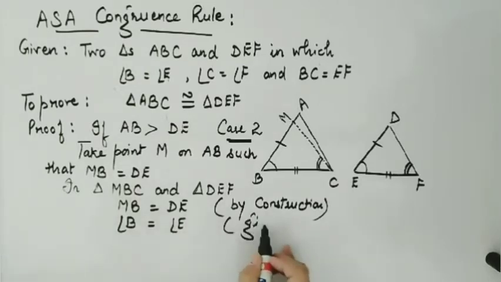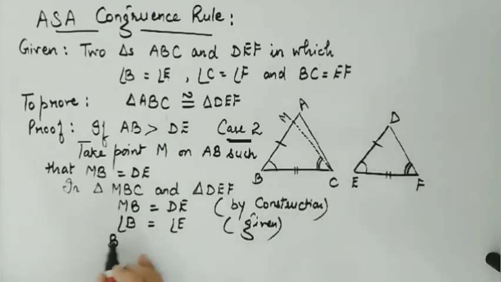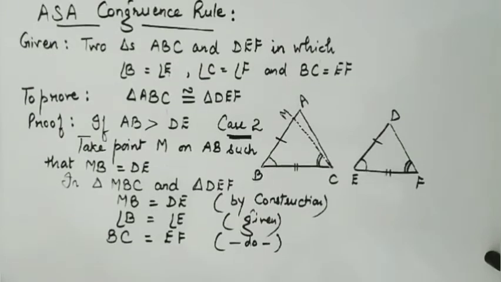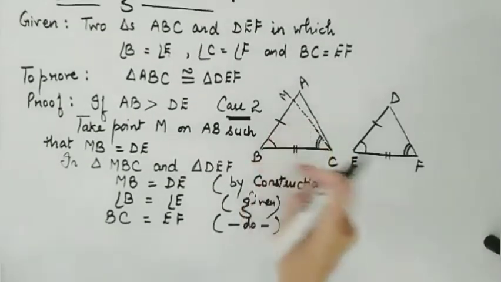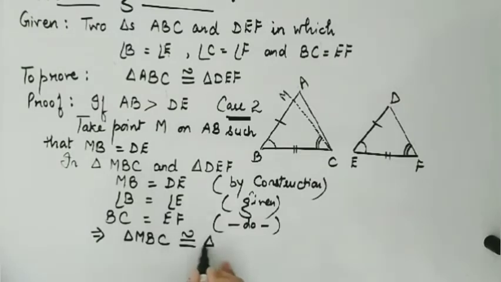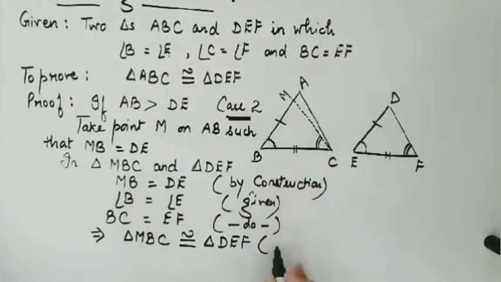This information is given. And finally BC is equal to EF. This information is also given. Therefore, what can we say about the triangles? Triangle MBC is congruent to triangle DEF, and the rule is side, angle and side again.